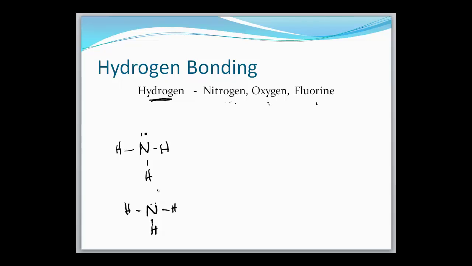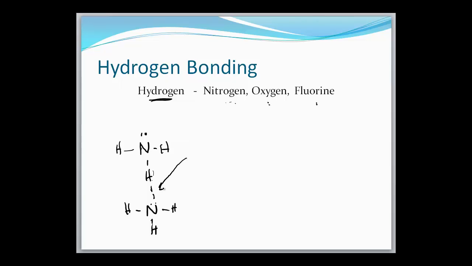What happens in this case with hydrogen bonding is the positive side of the molecule, and we're going to say it's the hydrogen for right now, and the negative side of an adjoining molecule, it's those two electrons. There's an interaction between that positive side and that negative side, holding those two molecules near one another.